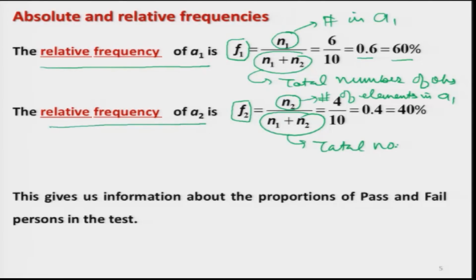That is the number of candidates who failed, 4 divided by 10, which is 0.4, or 40%. This gives us information about the number of candidates who passed or failed with respect to the total number of candidates who appeared in the examination, and it can also give us the number in terms of percentage. So, this is the basic idea of absolute and relative frequencies.